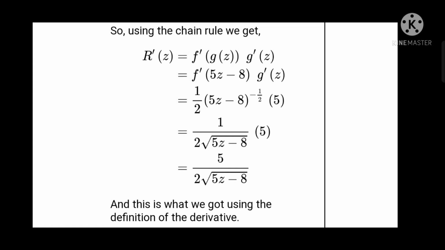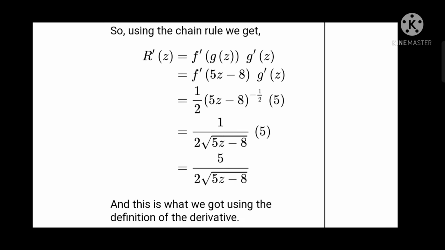Using now the chain rule, we get R prime of z is equal to f prime of g of z times g prime of z, which is f prime of 5z minus 8 times g prime of z.